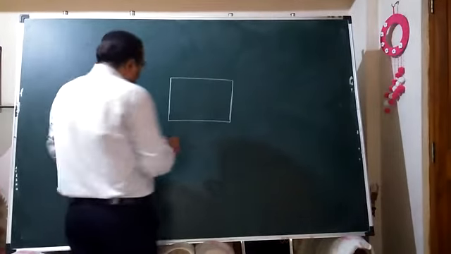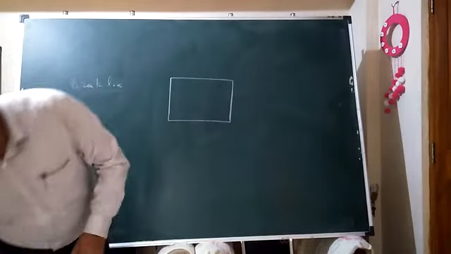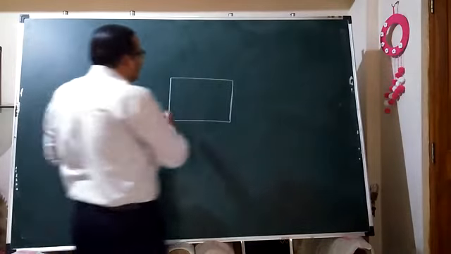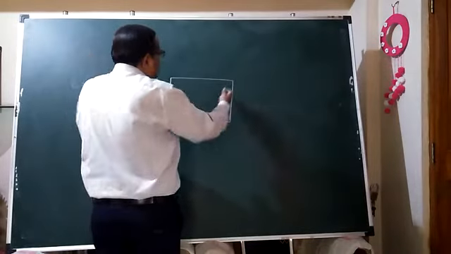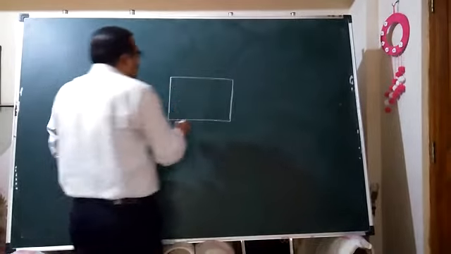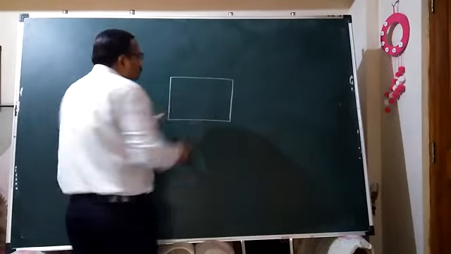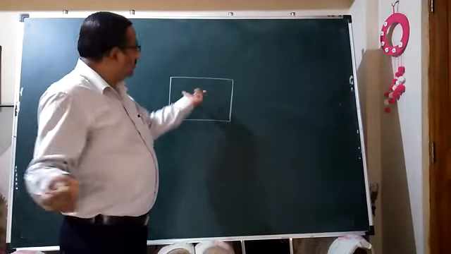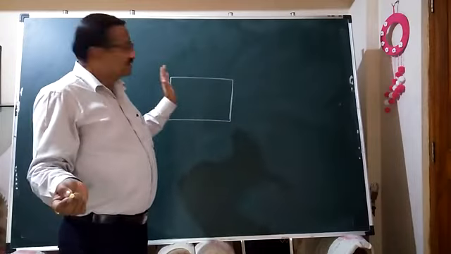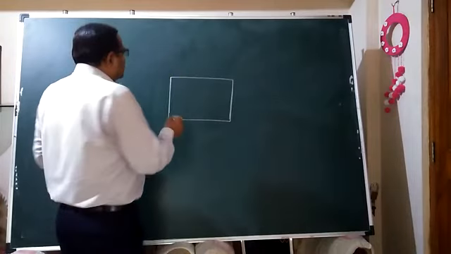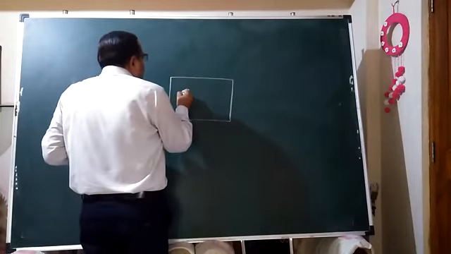One example: suppose we have a 1 meter long scale and this drawing sheet is very small. In that case, how to show that 1 meter long scale on this space constraint, with a very small page available? What is the procedure?